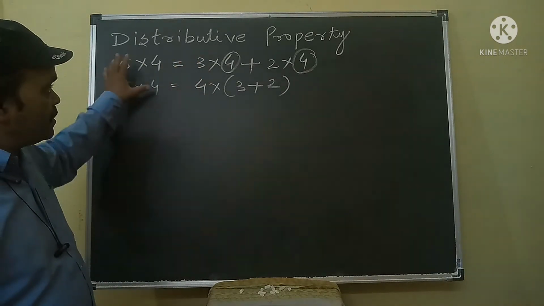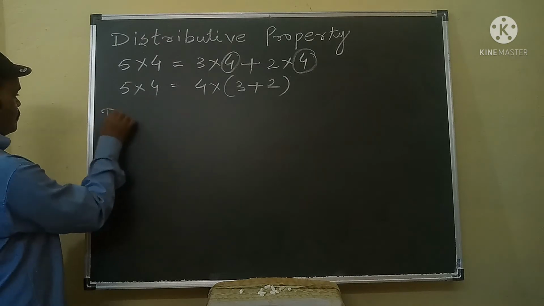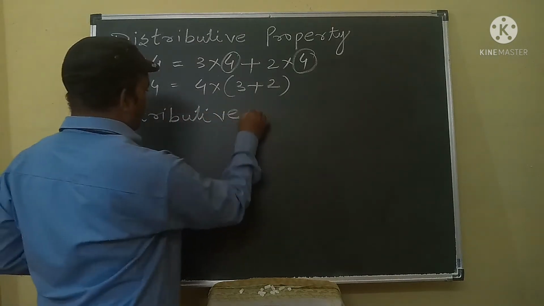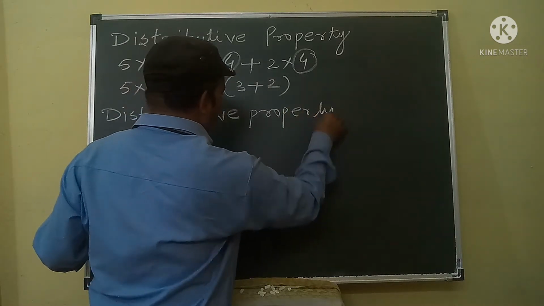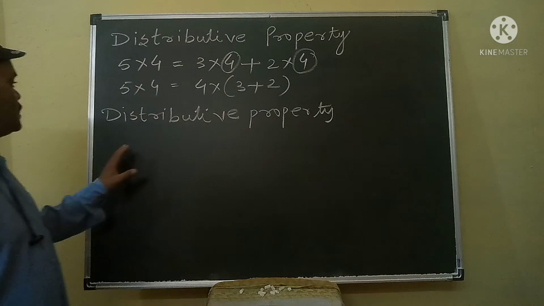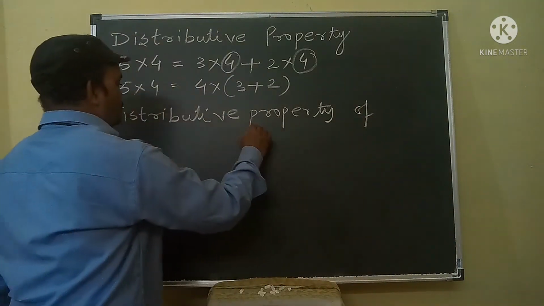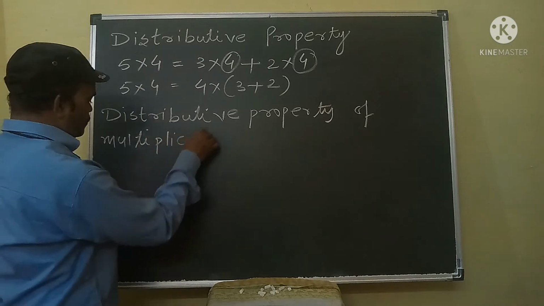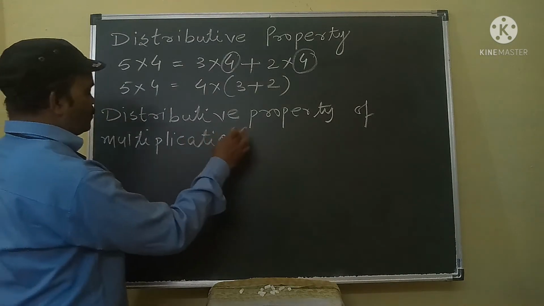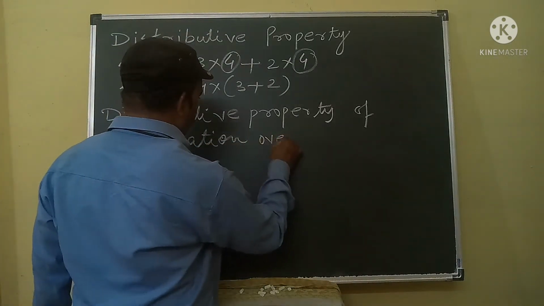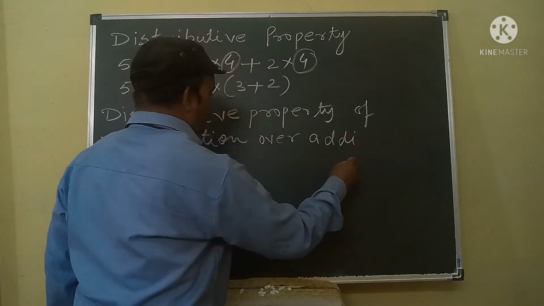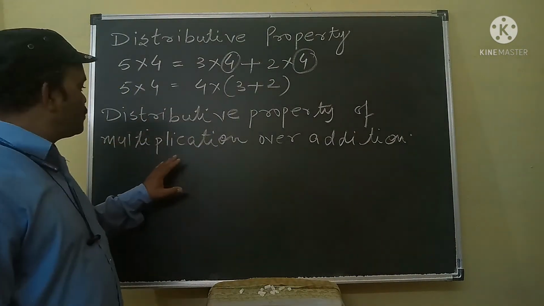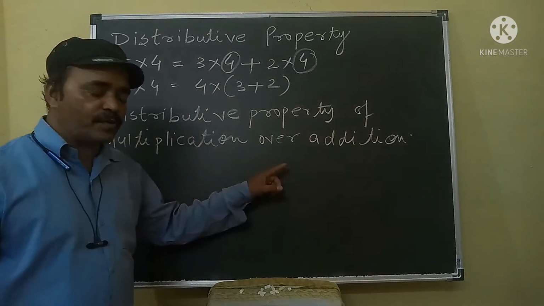So this property is known as the distributive property of multiplication over addition.